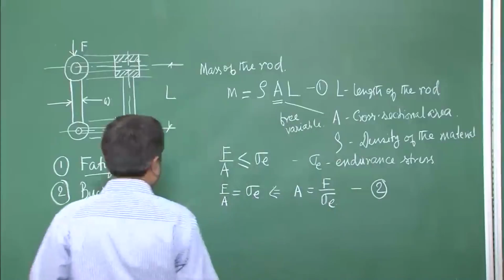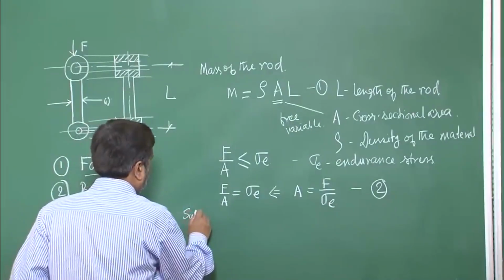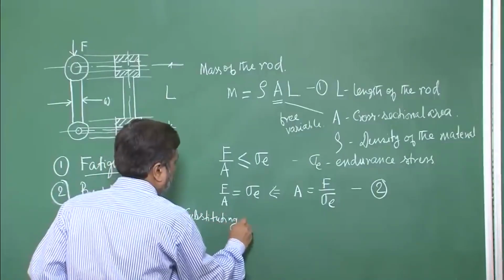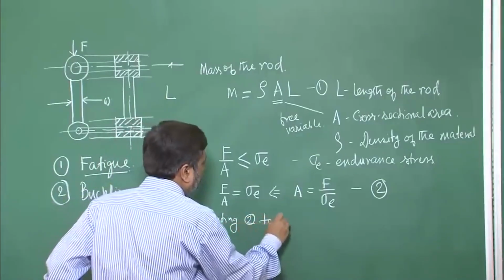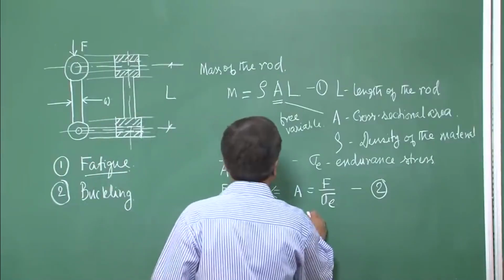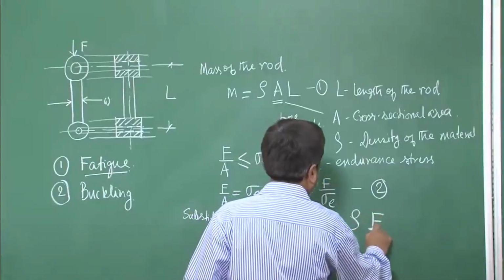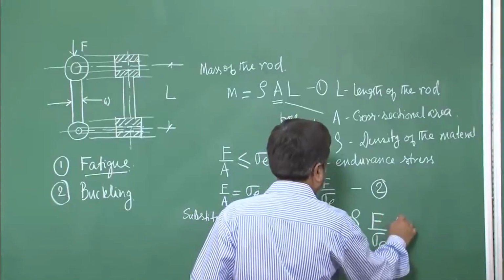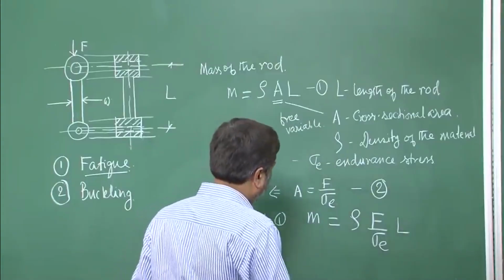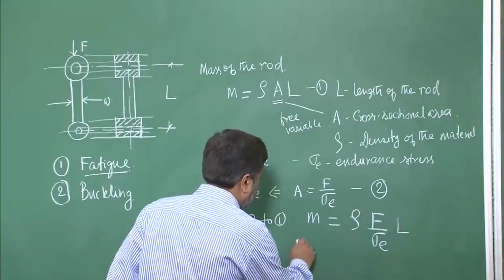Let us substitute that in the expression of mass. Substituting into equation 1, we get m equals rho F over sigma E times L. Then what is the material property index?